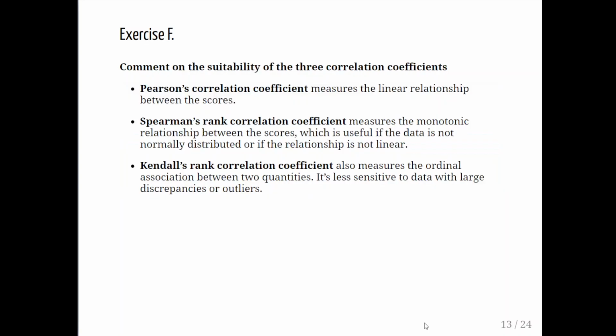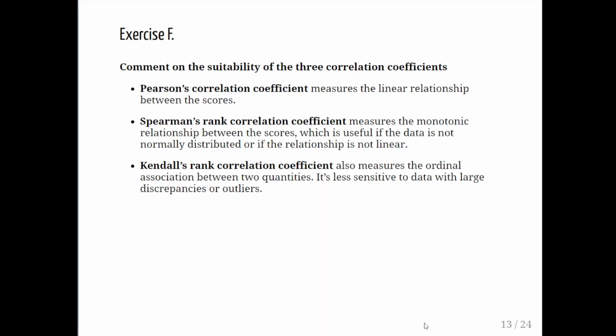Comment on the suitability of these three correlation coefficients. Pearson's correlation coefficient measures the linear relationship between the scores. Spearman's rank correlation coefficient measures the monotonic relationship between the scores, which is useful if the data is not normally distributed or if the relationship is not linear.